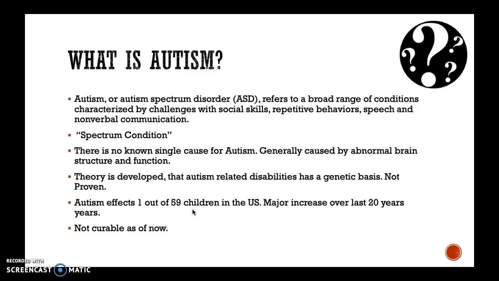And there's no cure as of now. However, autistic behaviors can change over time, meaning as the child ages, autism could not be as severe as it once was when they were a child.